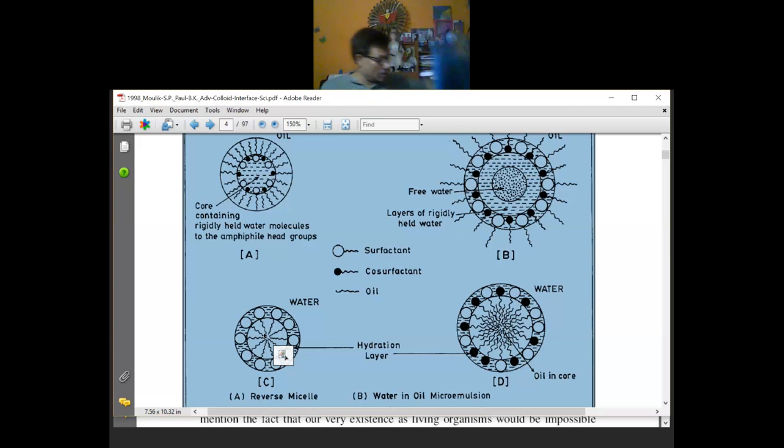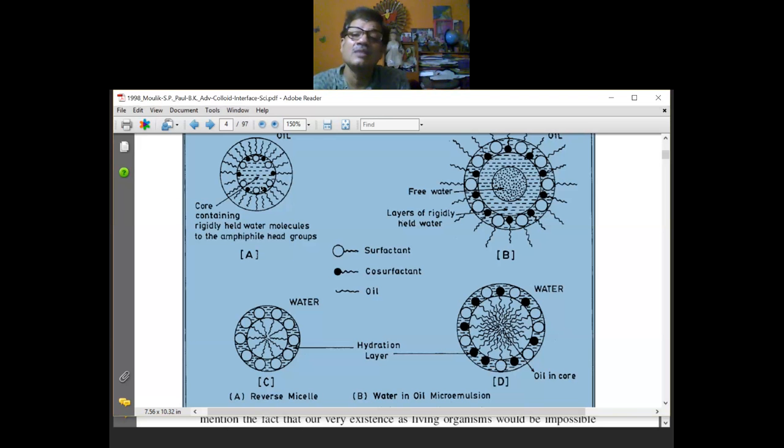Now, if you go on adding a further amount of oil into the micelle, some oil molecules will become free. Then oil will remain in the core, and I would call it an oil in water microemulsion.